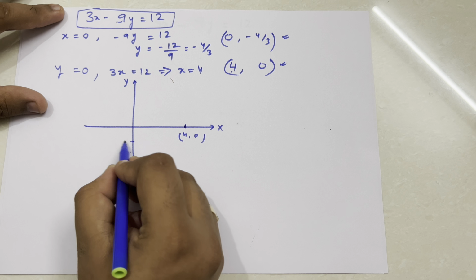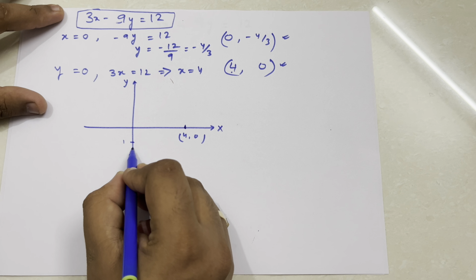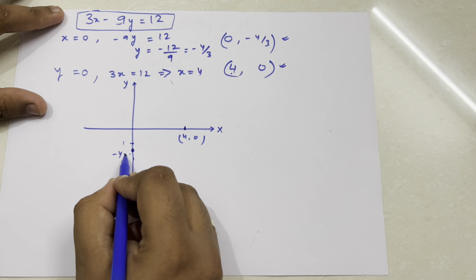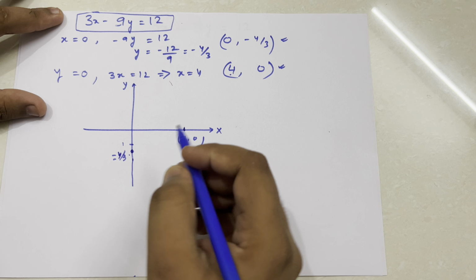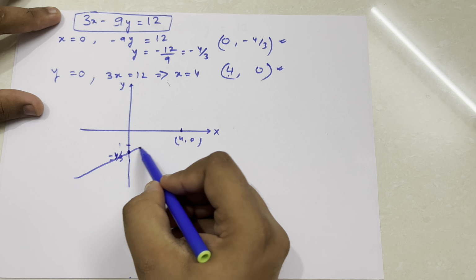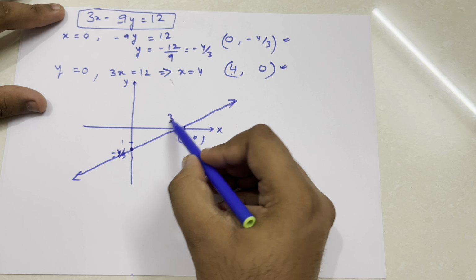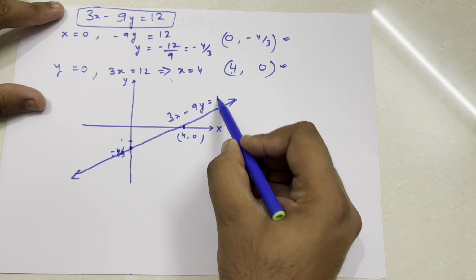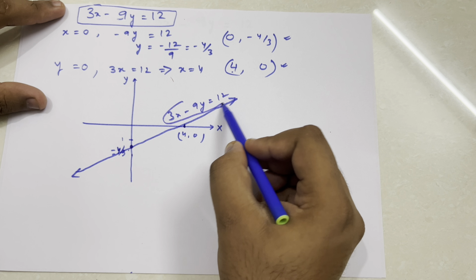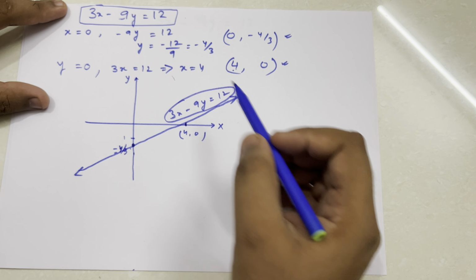And so this will be the straight line 3x minus 9y equals 12. This is a simple way of how you can draw straight lines.